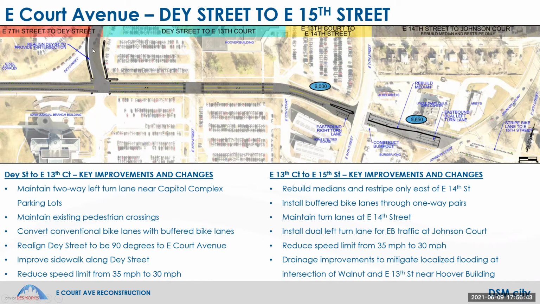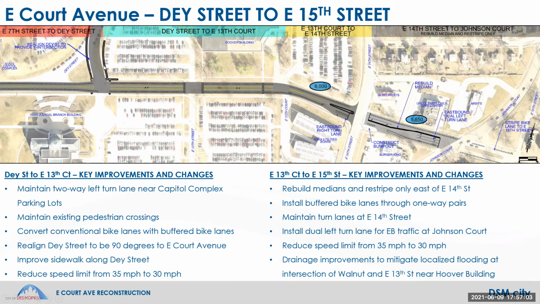One of the biggest changes here is realigning Day Street to come in at 90 degrees and actually tie into the driveway that serves the judicial branch building. And so we worked with the State Department to get their buy-in on this.